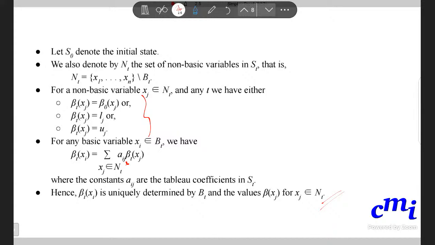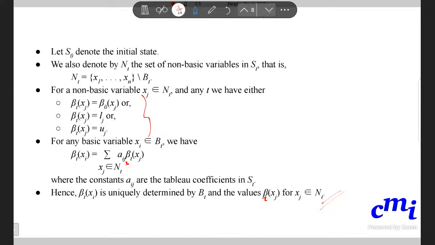That's what is given by the third bullet, as Ameya explained, because it's either lj, uj, or beta 0, the initial value. So there are only finitely many possible values and combinations, and therefore the assignments that the algorithm considers are finite, and the possible BT's basic variable sets are also finite.